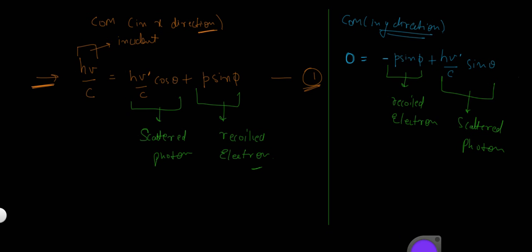Now we have conservation of momentum in y direction, conservation of momentum in x direction, and we have already derived the conservation of energy, which I can write as m naught c square plus h nu equals h nu dash plus under root of p square c square plus m naught square c to the power of 4.